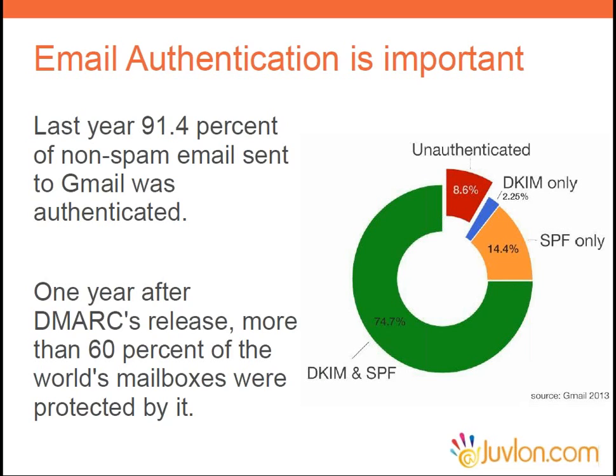It's been about a year that DMARC has been launched, and more than 60% of the world's mailboxes are already protected by it. These are encouraging numbers, my friends. Those who don't know, the 64% of you over here who don't know whether your emails are authenticated or not, it's about time you found out.